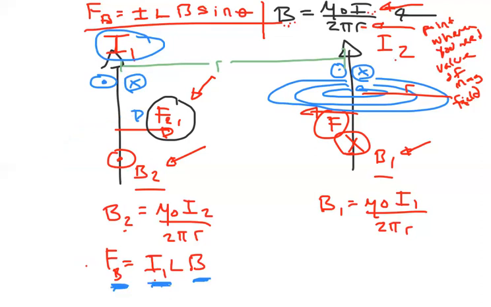But then again, just to reiterate, this force is only there because of the magnetic field from I2. Therefore, we need to make sure this is going to be B2 in here, because this force is being generated by the interaction of I1 and B2. Does that make sense? Because B2 is the thing that's affecting it.